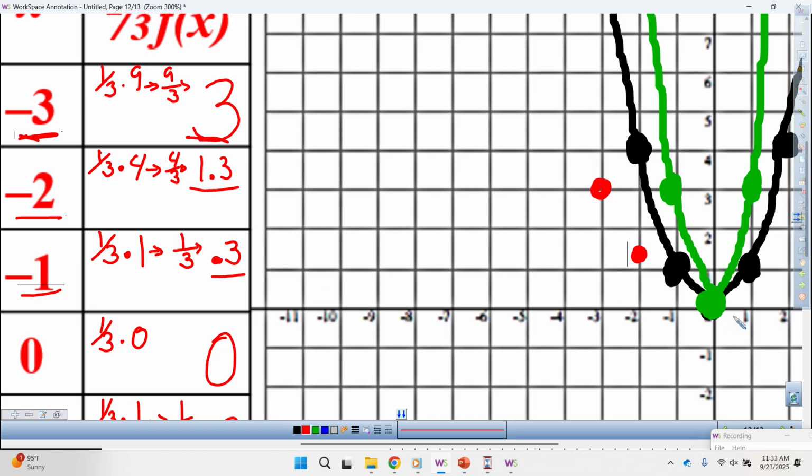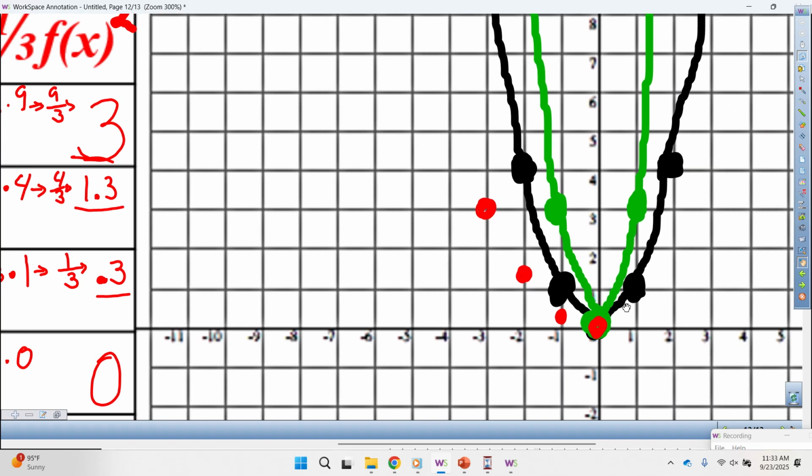Negative 1, 0.3. 0, 0. And then the other side just reflects these points. Is that correct? All right, right here, and right here.